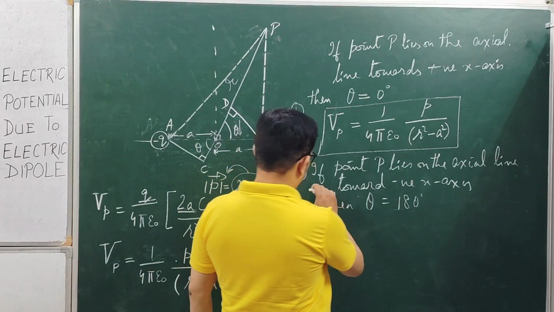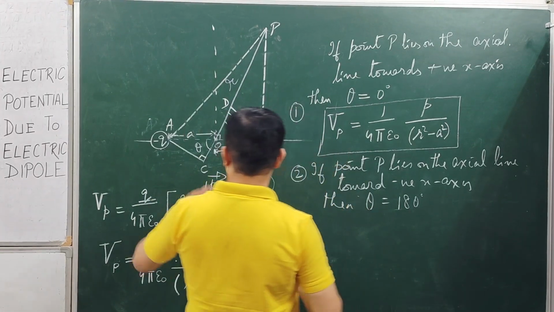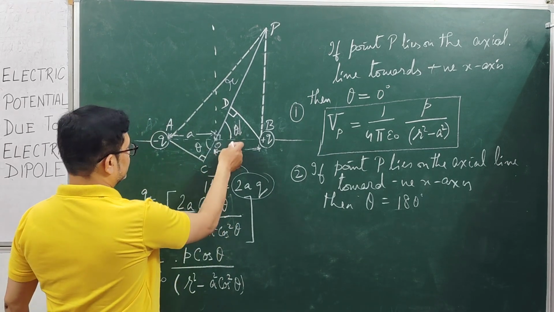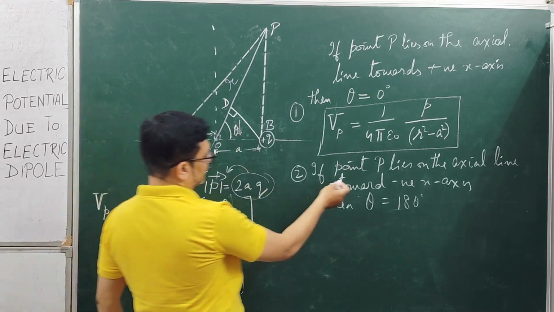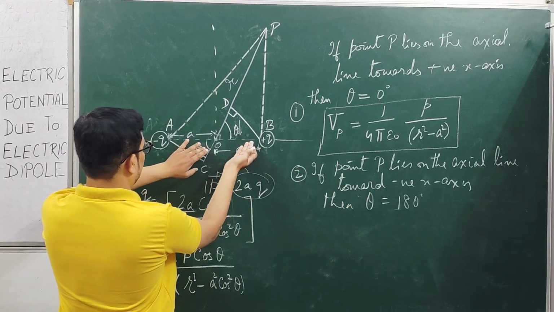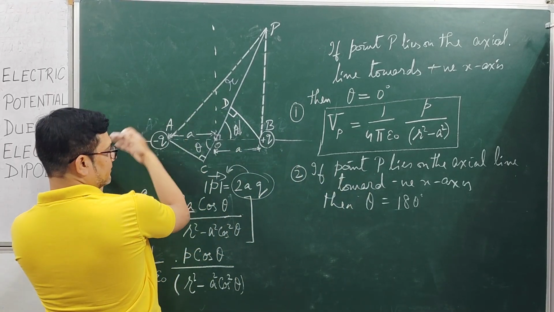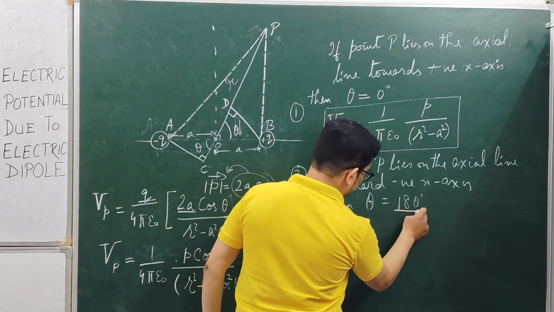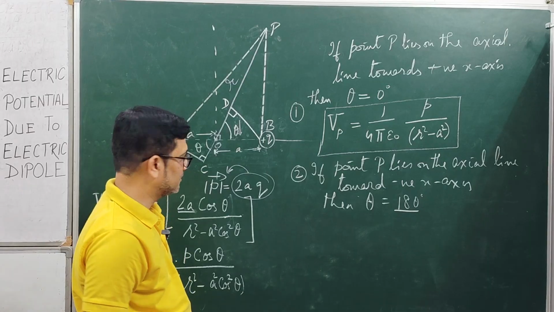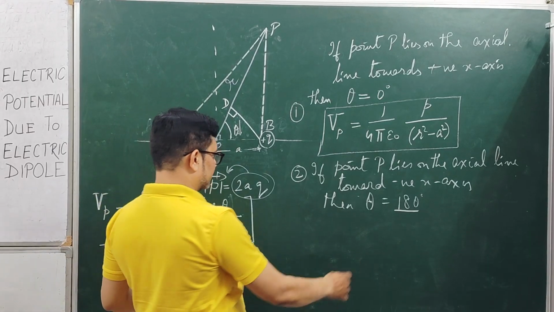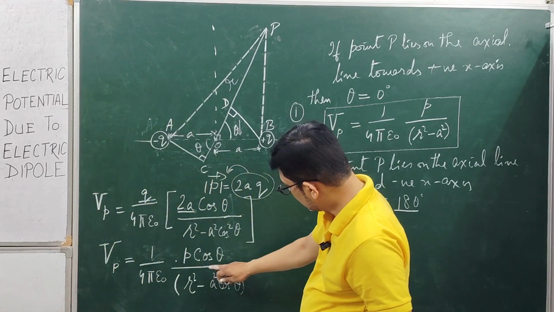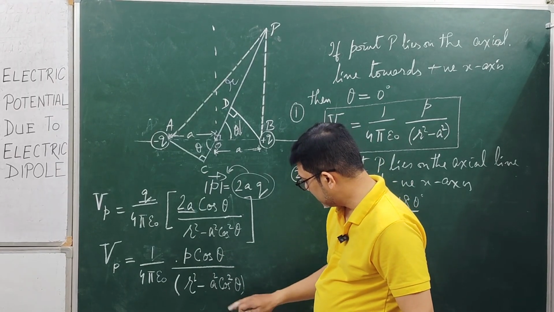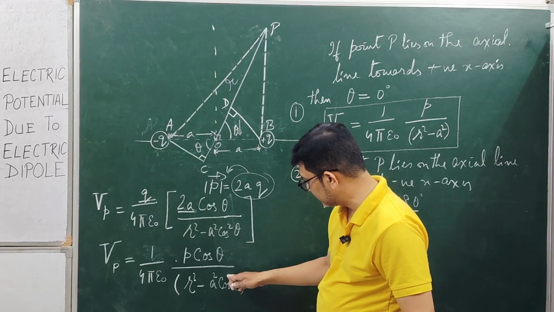So now we take this situation. If we take theta to be 180 degrees, which means that this point lies on the axial line but on the negative side of the x-axis, theta is going to become 180 degrees. So if you put in this value here, cos 180 is going to become minus 1, and here also it becomes minus 1 squared.